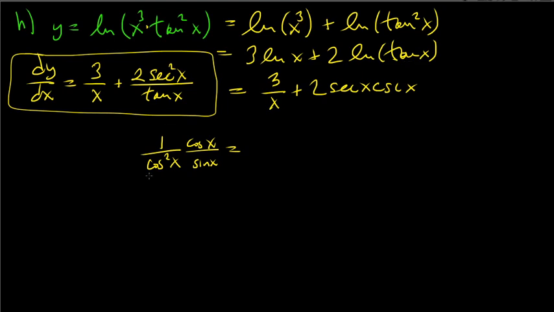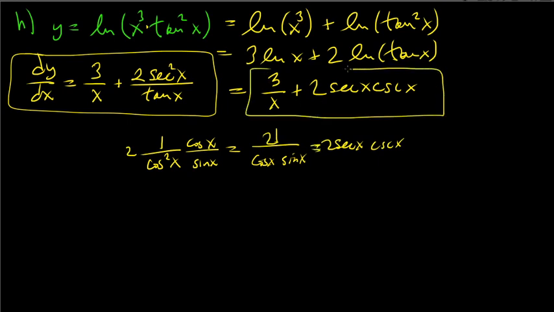So secant squared is 1 over cosine squared, and then you just cancel one of the cosines. Yeah, that's right. Cosine times sine, which is secant times cosecant. Okay, it works. And then just multiply by 2. Either way, I would have left it the other way, but this way is a little bit simpler. All right, so those are the derivatives.